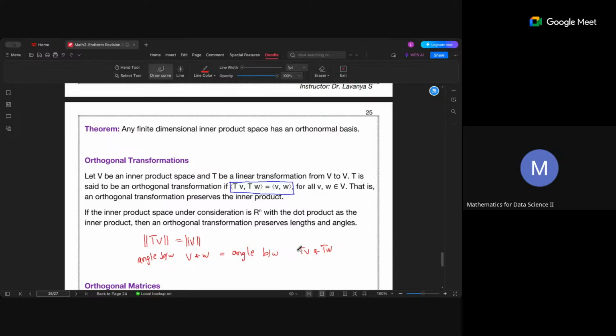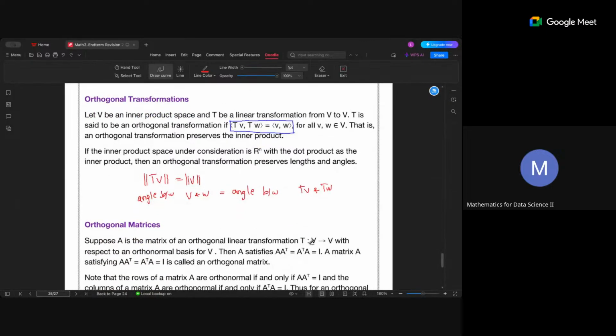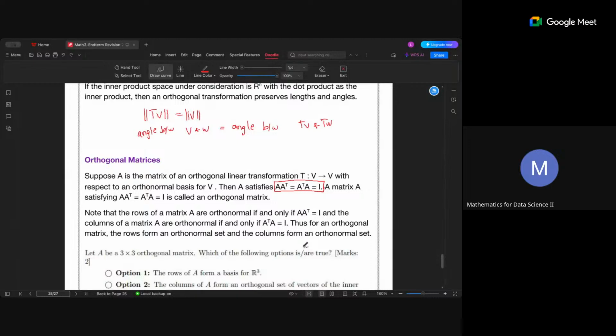And what about the matrix of an orthogonal transformation? The matrix of an orthogonal transformation is called an orthogonal matrix. What does it satisfy? It satisfies the condition A transpose A equals I. Let's say you consider the standard basis or any orthonormal basis, then the matrix which you obtain satisfies this condition.